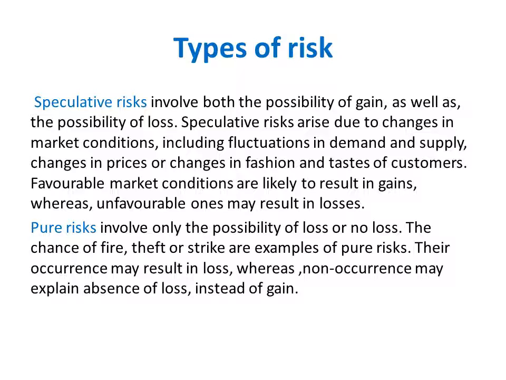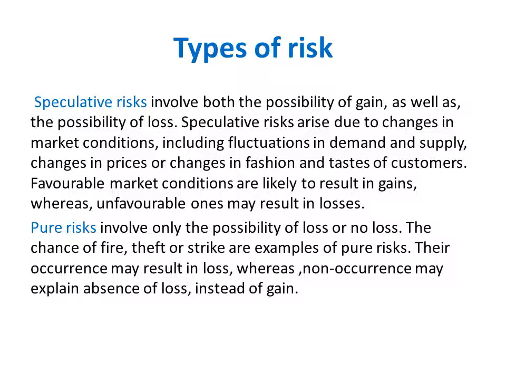Now the other one is pure risk. In pure risk, there is only a possibility of loss or no loss. For example, if a business premises catches fire, definitely there is a loss. If it doesn't, there will be no loss.